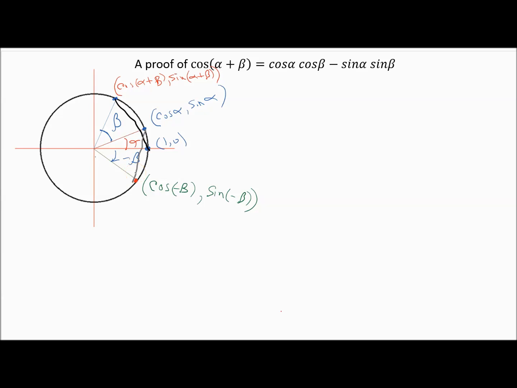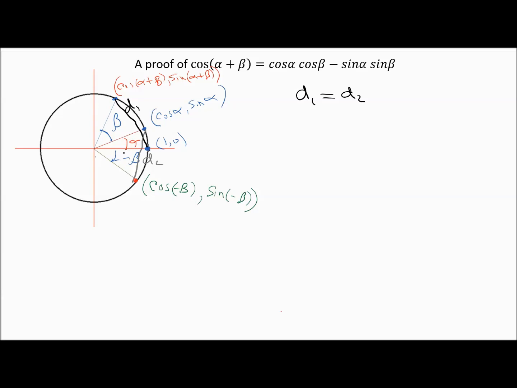Now, here's where the fun part starts. So I could call this black line D1, and my gray line D2. Now what's important here is D1 must equal D2. And again, from geometry, that makes sense, right? Lines across from the same angle have to be the same length.